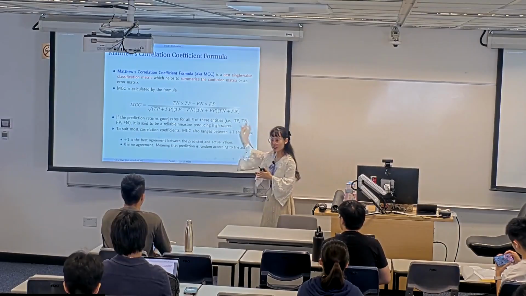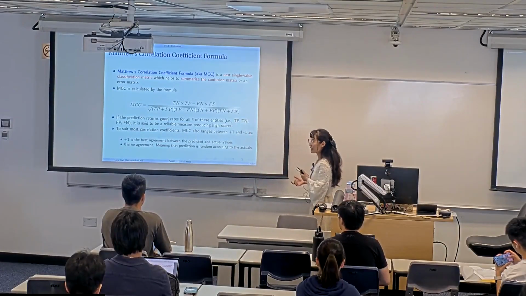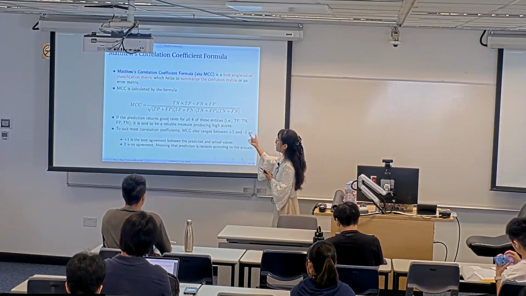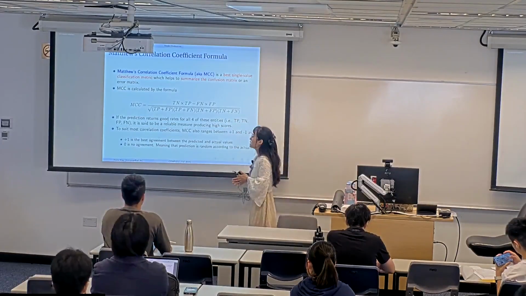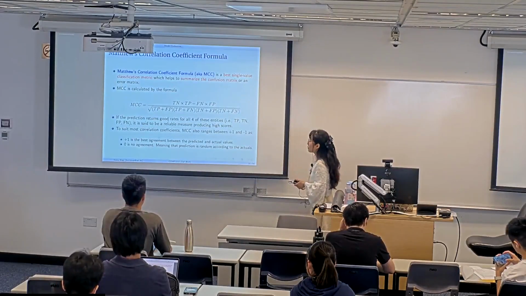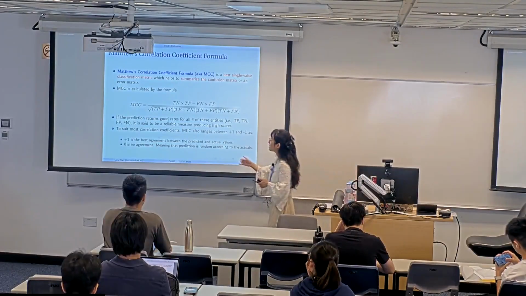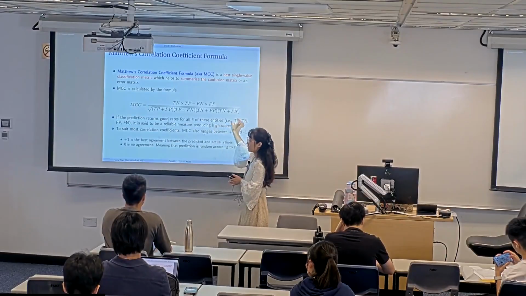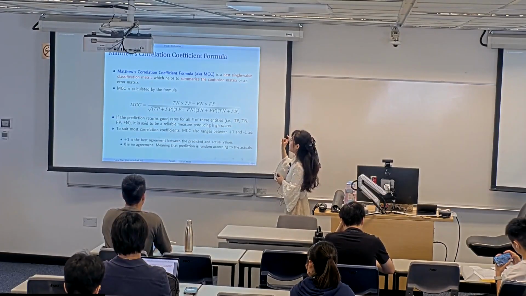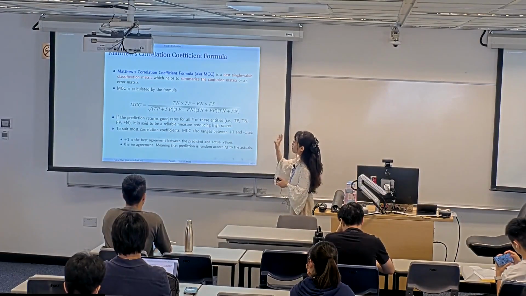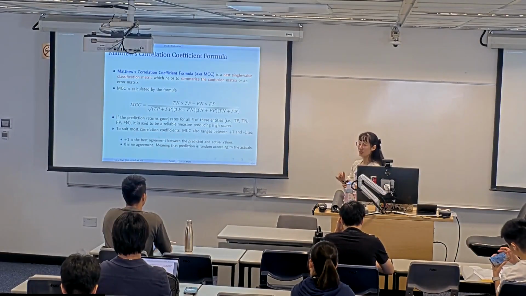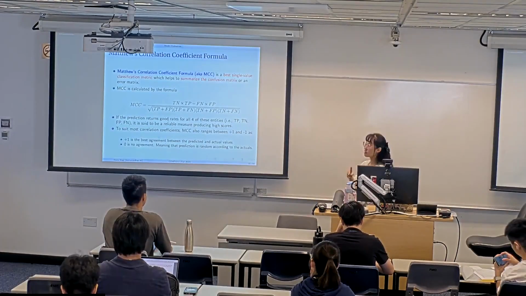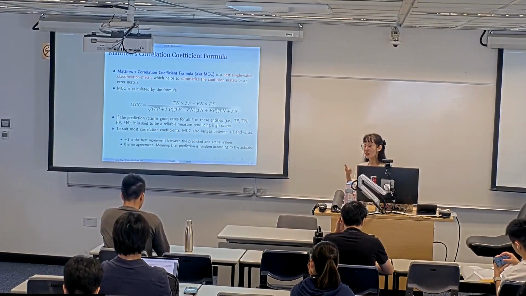The formula is much more complicated. After you have a confusion matrix, MCC is TN times TP minus FN times FP, divided by the square root of these 4 things. By the mathematical formula it seems complicated, but if you look at the confusion matrix, it is easier to understand.